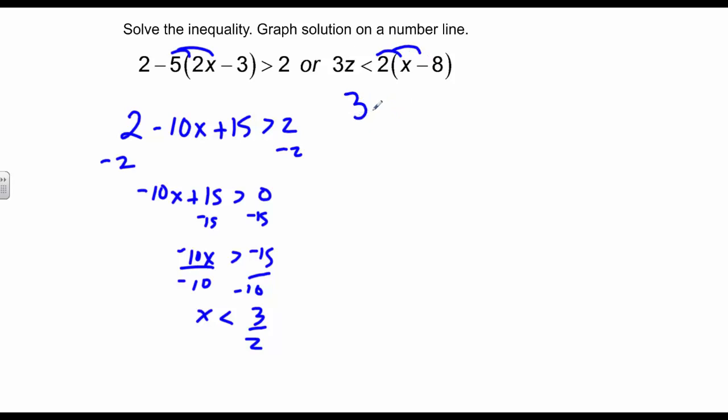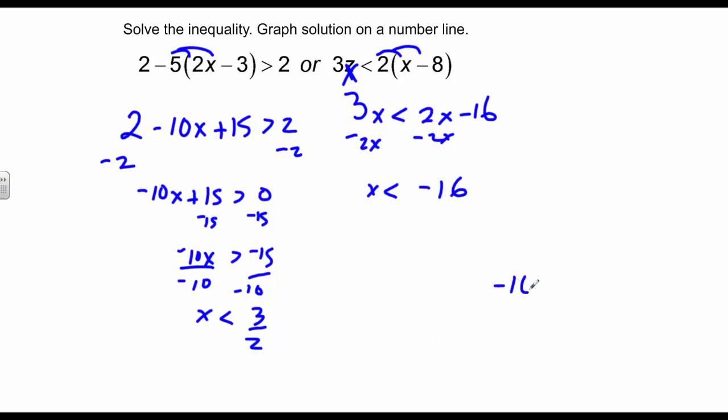On this side, I distribute the 2 through. That should be an x, not a z. x is less than 2x minus 16. I'll subtract 2x from both sides. I get x is less than negative 16. This is going to be a unique situation as well.